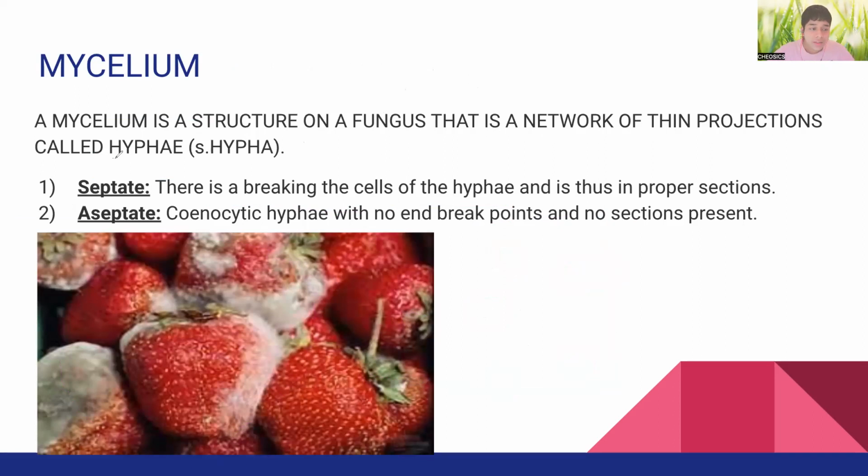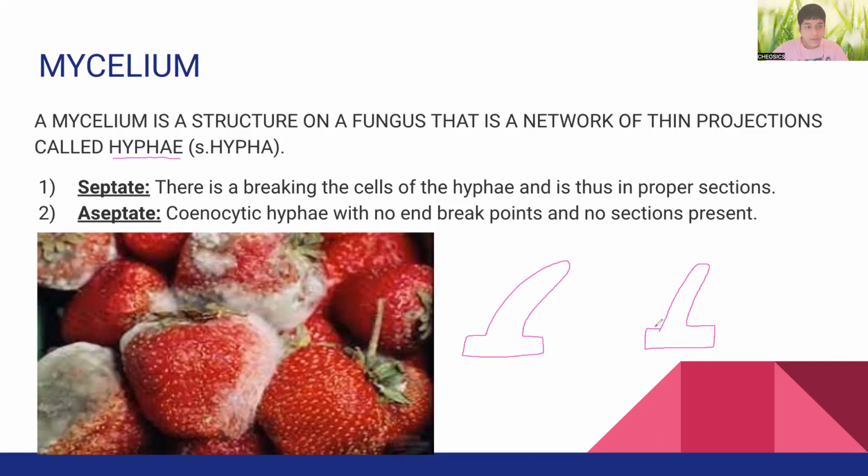What a hypha does is act like a modified form for the fungus to get its nutrition. There are two types of hyphae. There's septate hyphae, where basically a septate hypha looks like this. These are the two types of hyphae.